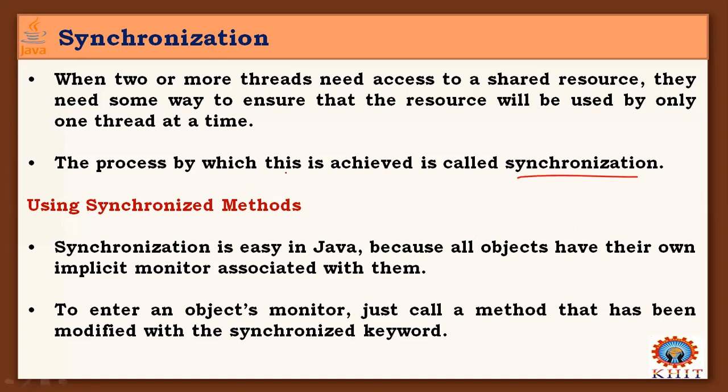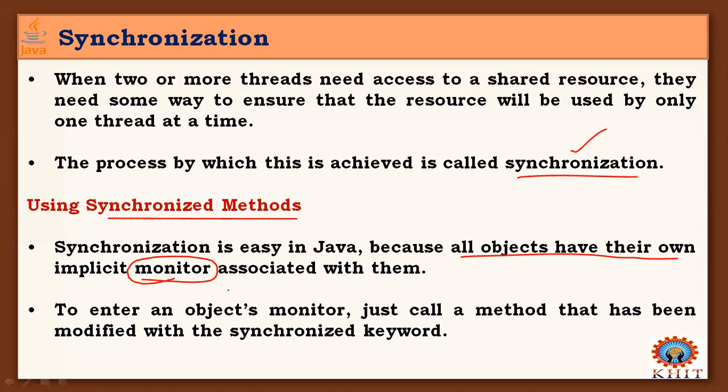The concept is called synchronization: the process by which this is achieved, a mutual understanding, mutual exclusion between the running threads in a system. Using synchronized methods, synchronization is easy in Java because all objects have their own implicit monitor. As I told you in the previous videos, the monitor is a synchronization concept, so there is no need to have a monitor class separately.